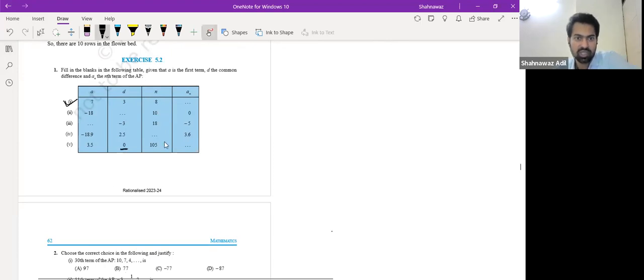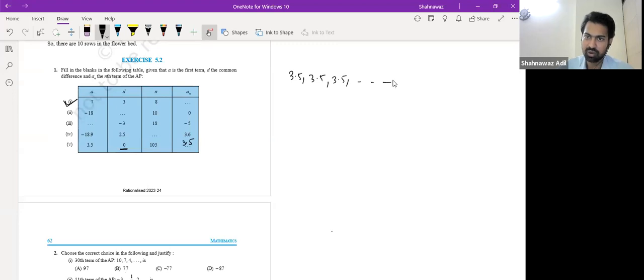So what would be the 105th term, the 130th term, and so on? There will be no difference. Whatever is the first term, the next term would be the same. So they are in AP because the common difference is the same. The terms are like this: 3.5, 3.5, 3.5, and so on. All the terms are the same because the common difference is 0.